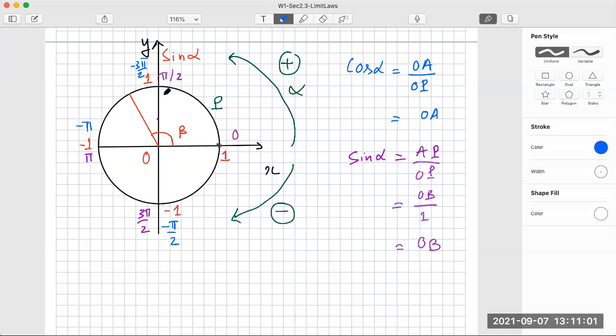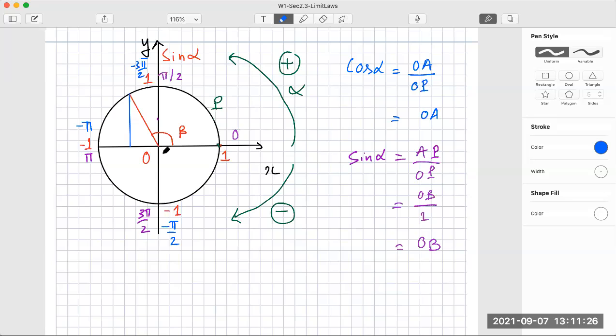Now, suppose we are given the angle beta larger than pi over 2 and smaller than pi. What is the cosine of that beta? In order to find the cosine, we project to the cosine axis.